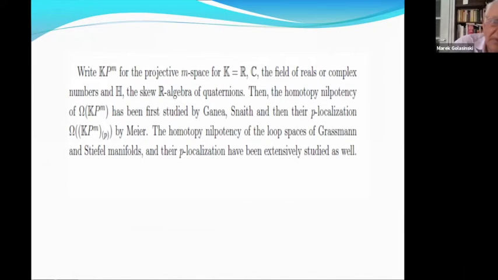Maybe there is some literature on what the value of the nilpotency class of projective space over complex numbers or quaternions is. But anyway, we know the result that this is finite.